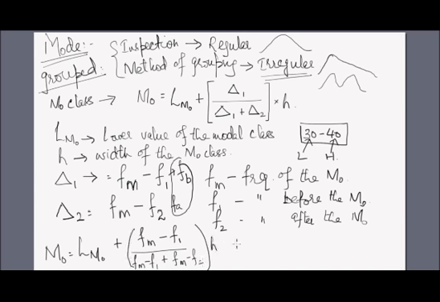So this further can be written as lower value of the modal class plus fm minus f1 divided by, see here we have fm twice, so we can add them and write as 2fm minus f1 minus f2, and the whole thing multiplied by h.